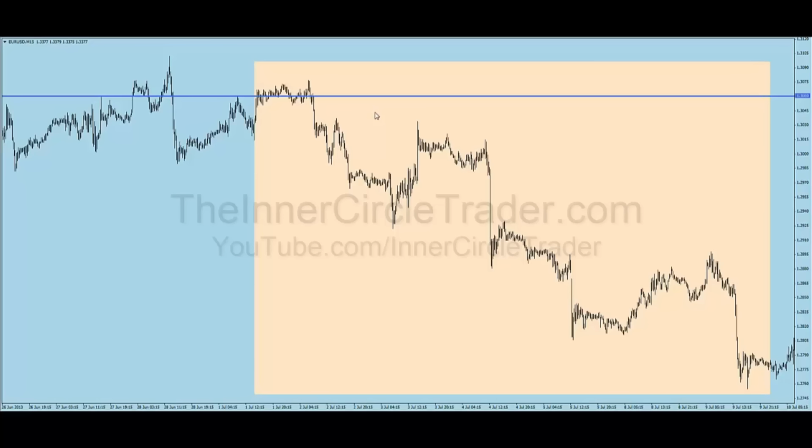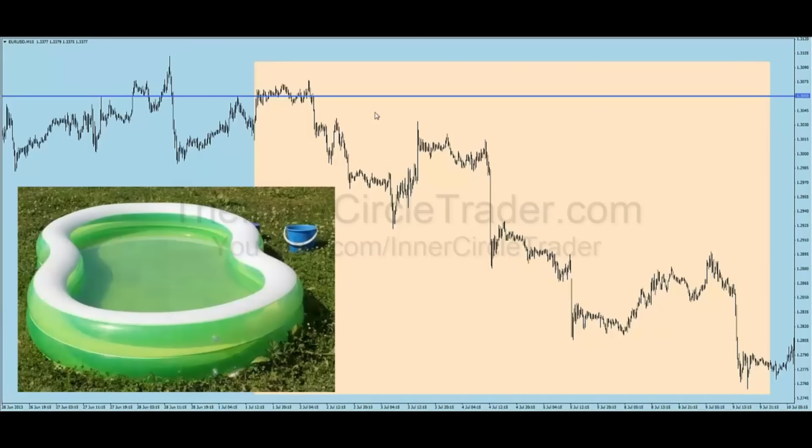Okay, so this represents Forex. Looks inviting, doesn't it? You just want to jump in there and have a splash. But we're going to use this analogy, this small little pool here, that will represent the market. Okay, the arena is the pool, okay, and price is the water.